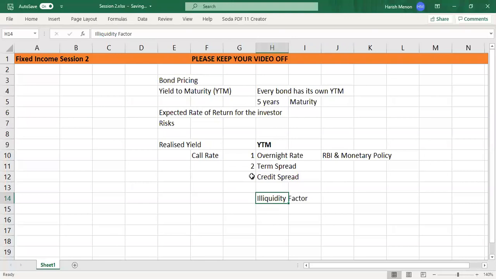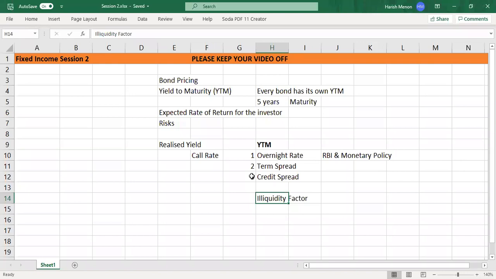So I repeat, higher the risk you perceive, higher is the rate of return that you expect. Now, you may expect any rate. Please understand your counterparty has to agree with that, because at the end of the day, it's a buying selling transaction. So the buyer has a yield in mind for a bond. The seller has to agree with that particular yield, and that is when the trade happens. That is when we say the 10-year yield today was at 6.12% per annum.